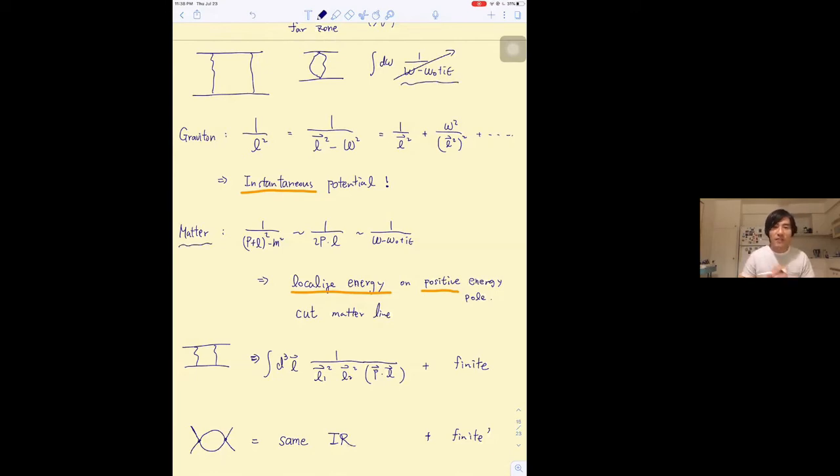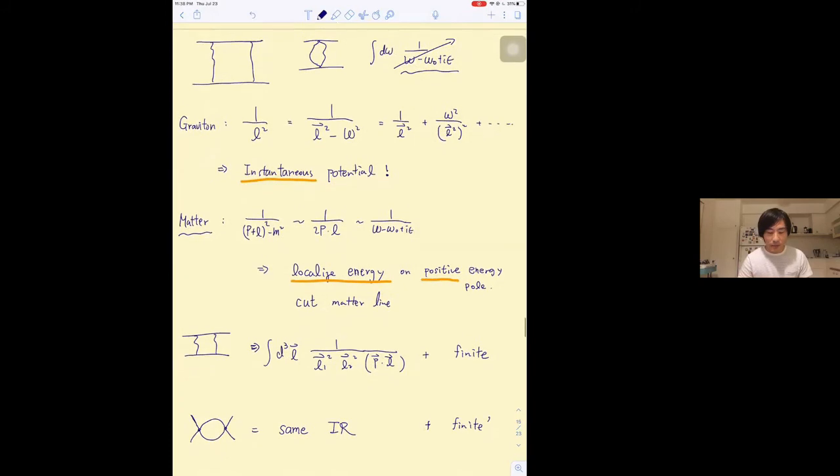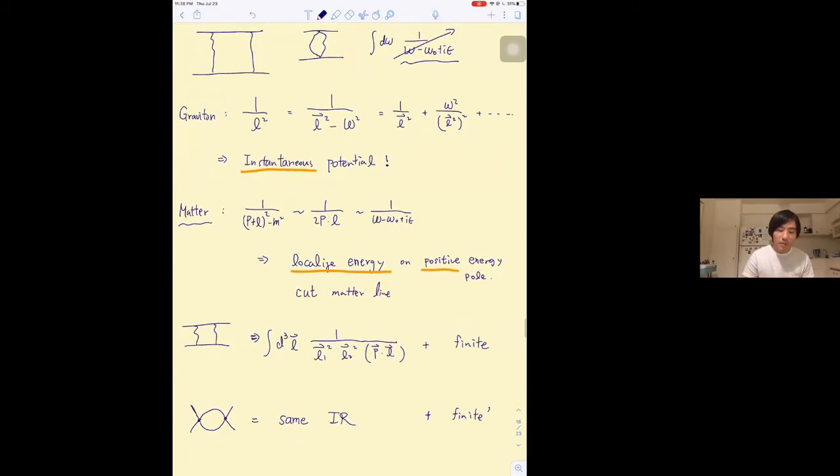So if you have any pure graviton loop, the contribution is 0. For this box diagram, we can see that when we integrate out the energy, it will localize on one of the matter propagators. So you have the remaining graviton propagator and one residual matter propagator.